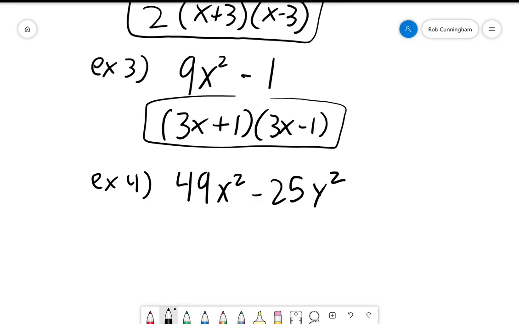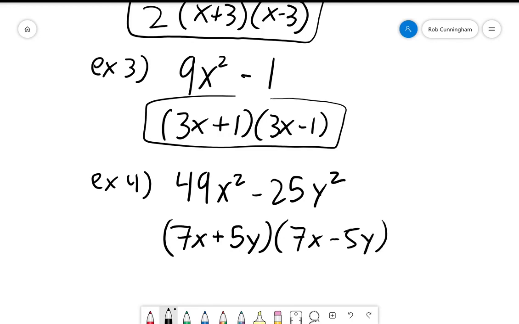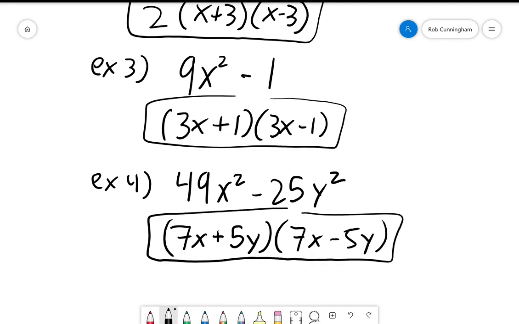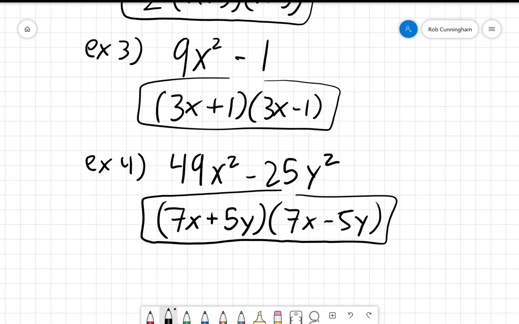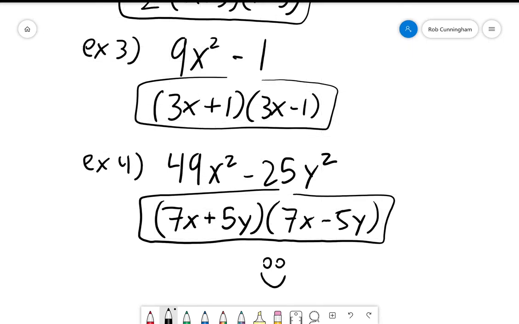So we can break this down into 7x plus 5y times 7x minus 5y. Happy face. We got this.